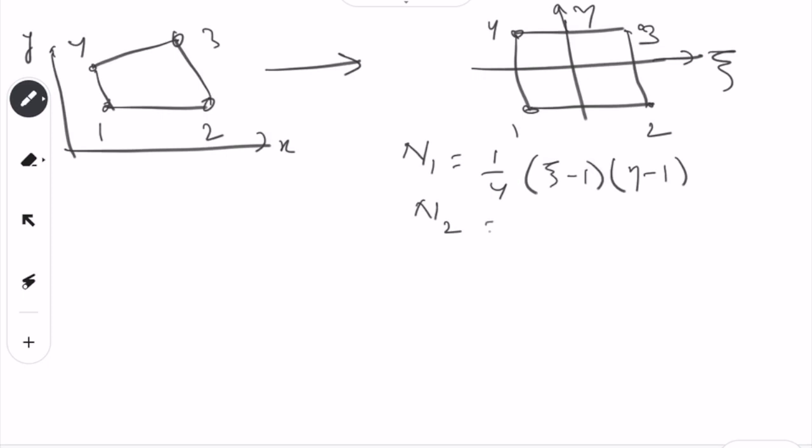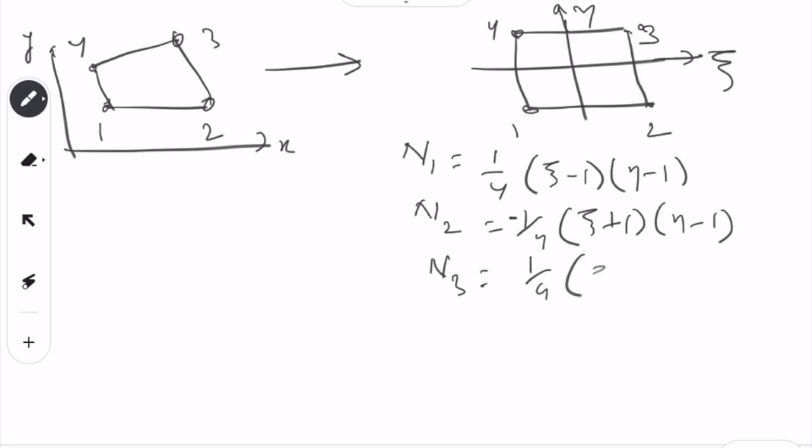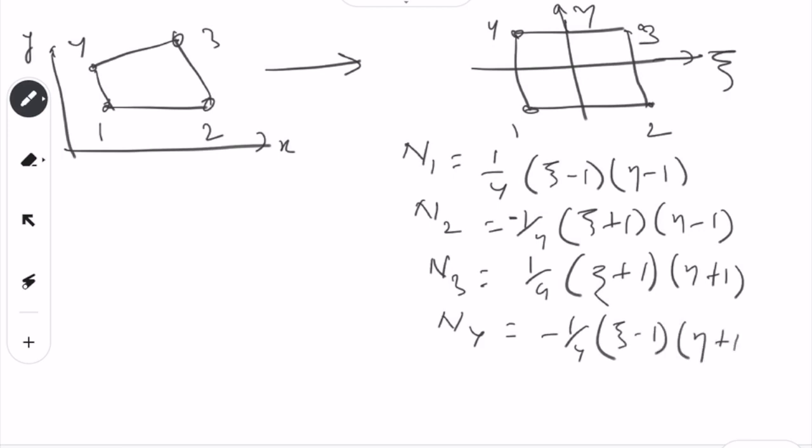N2 will be equal to 1 over 4 times (xi plus 1)(eta minus 1). N3 is equal to, sorry, not minus, it will be plus only, 1 over 4 times (xi plus 1)(eta plus 1), and N4 is equal to minus 1 over 4 times (xi minus 1)(eta plus 1).